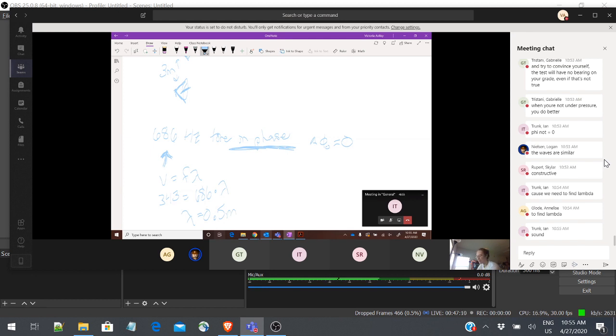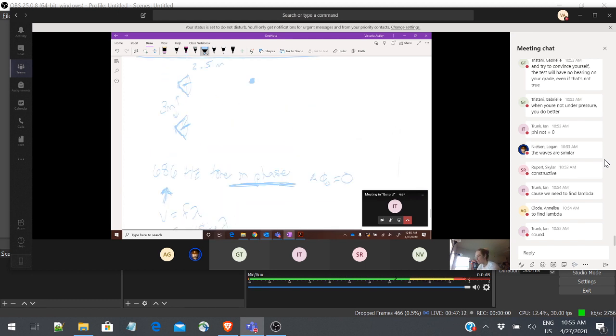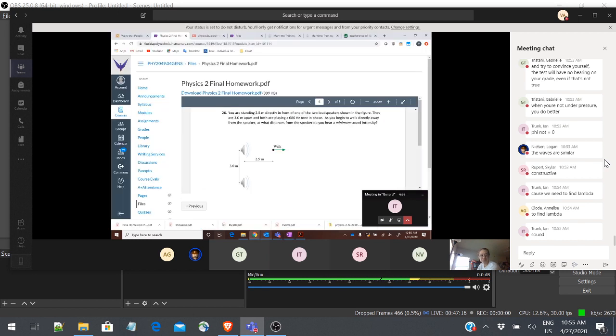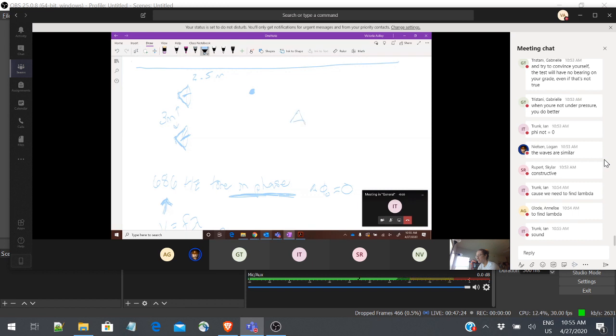Okay. So whenever we're doing interference, which we're doing in this case, we're looking for minimum sound intensity. That happens when there's destructive interference. We always want to do delta phi, and we know the equation for delta phi. We know this is 0. We know this is 1/2.